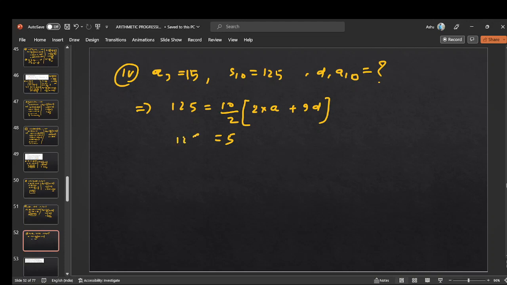Here 125. Clear? It will be 125 and 2A plus 9D.